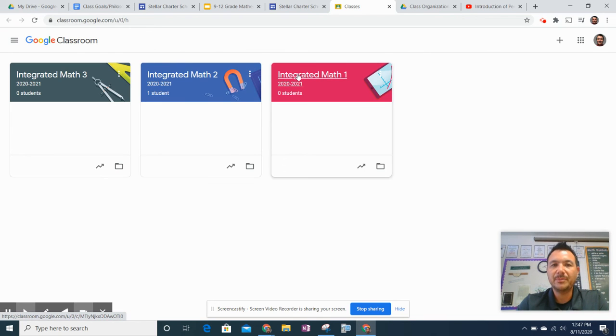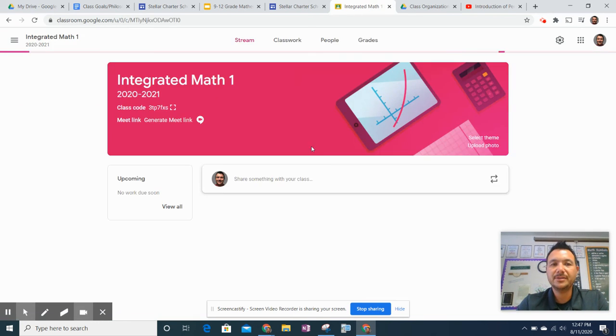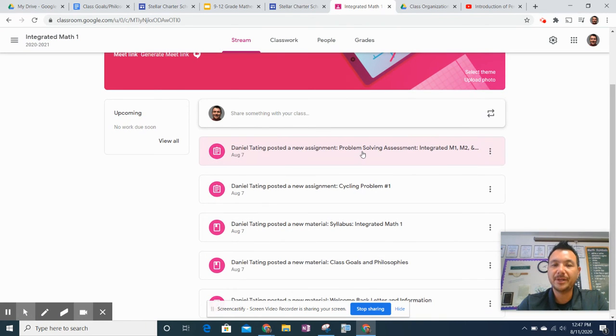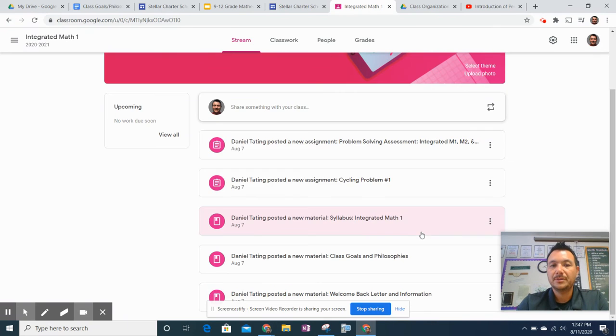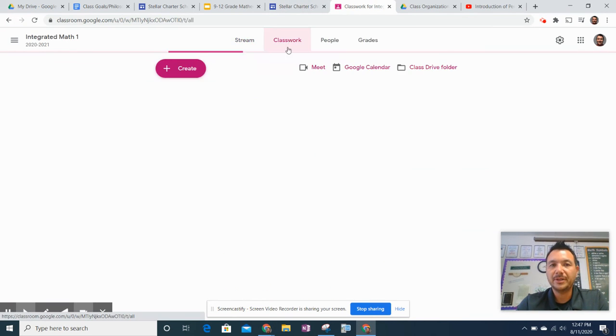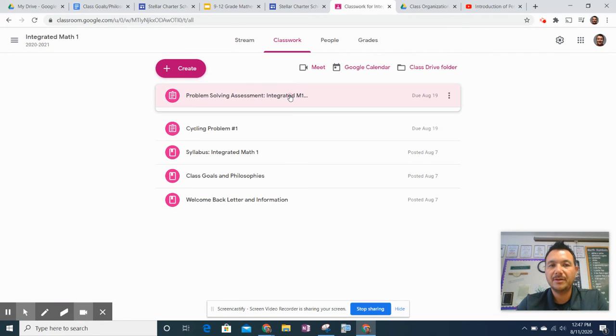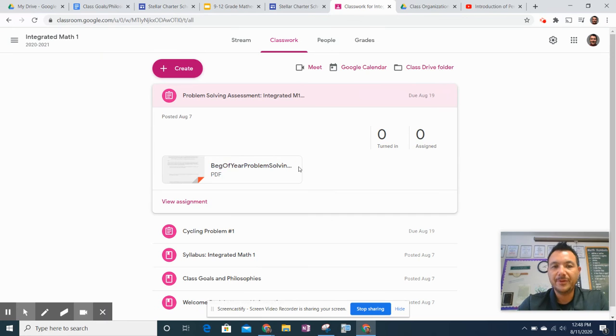So if I click here, maybe on Integrated 1, for instance, it'll take you to the stream, which has the assignments that are posted and when they're due. Also, if you click on an assignment specifically, you'll have a link there to a copy of the assignment and possibly like a recorded lecture on that topic.